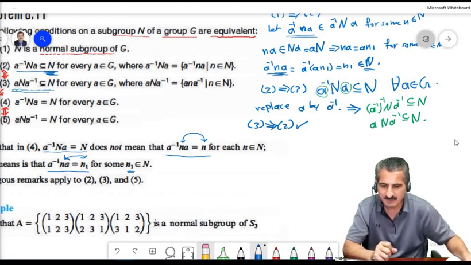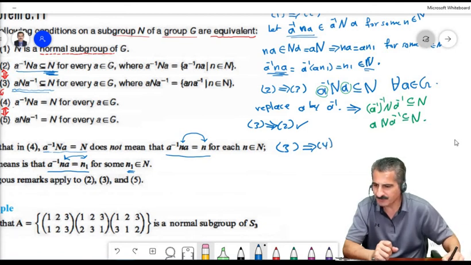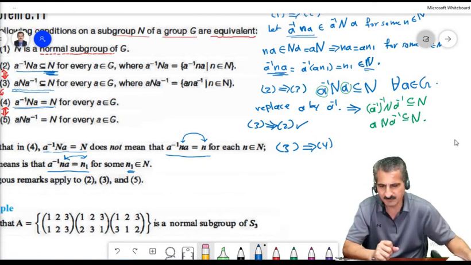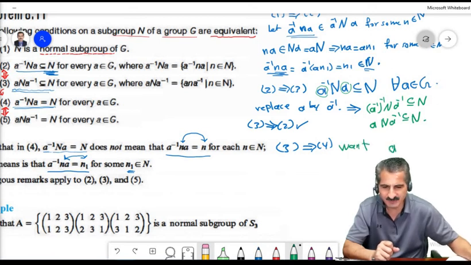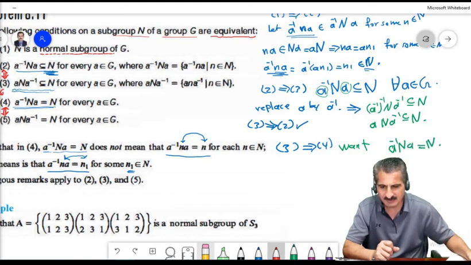Now let's prove that 3 gives 4. Okay, for 4 we need to show this equality, but 3 gives us one direction of this equality. 3 gives us which one, which equality?